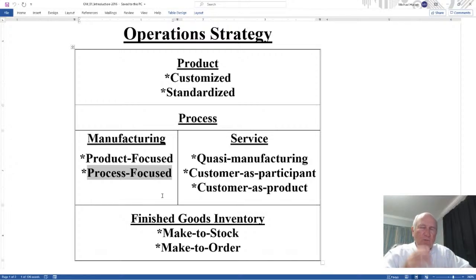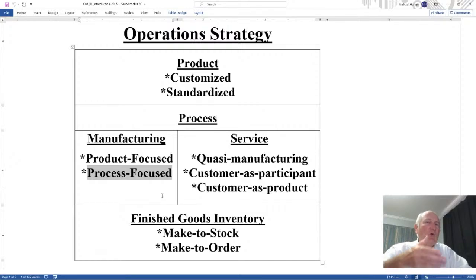This process, well, the characteristics of process focused, those characteristics have to do with you can have a variety of product offerings. So product variety is a characteristic. And since you have focusing on the process, then that process can be done extremely well.